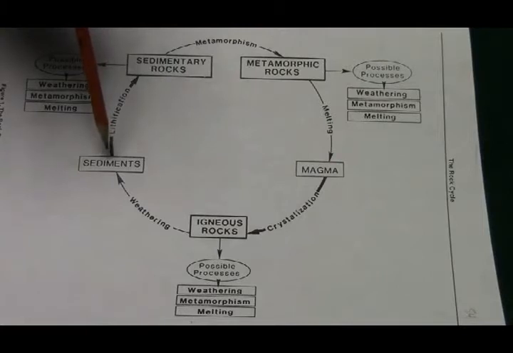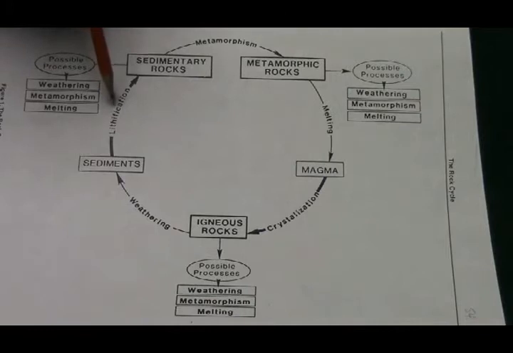Sediments, when they are deposited in a suitable environment, will undergo compaction and cementation, just like the way you make a snowball. And that process of compaction and cementation is called lithification. And what you get from lithification is always going to be sedimentary rock.